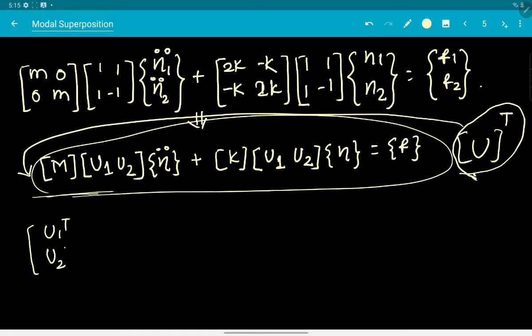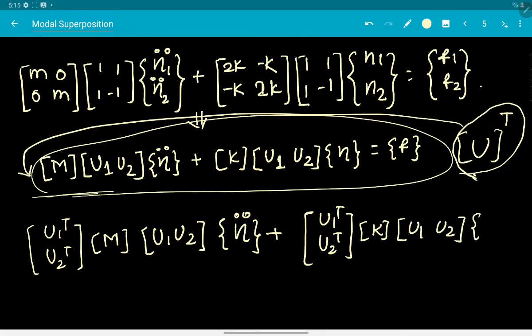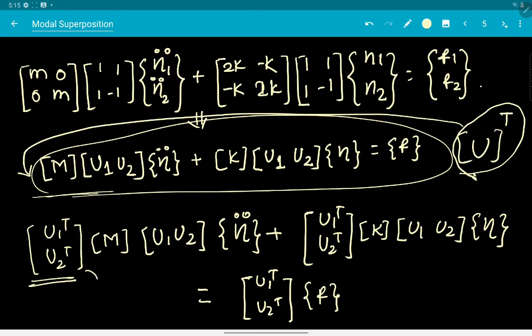U1 transpose, U2 transpose, M, and then you have this thing U1, U2, and here you have all etas, plus again you have U1 transpose, U2 transpose, and here you have K, and then you have U1, U2 and eta, and that comes out to be equal to this U1 transpose, U2 transpose times F. This particular matrix is actually identical to U in our case, because U is a symmetric matrix and hence its transpose is U itself.